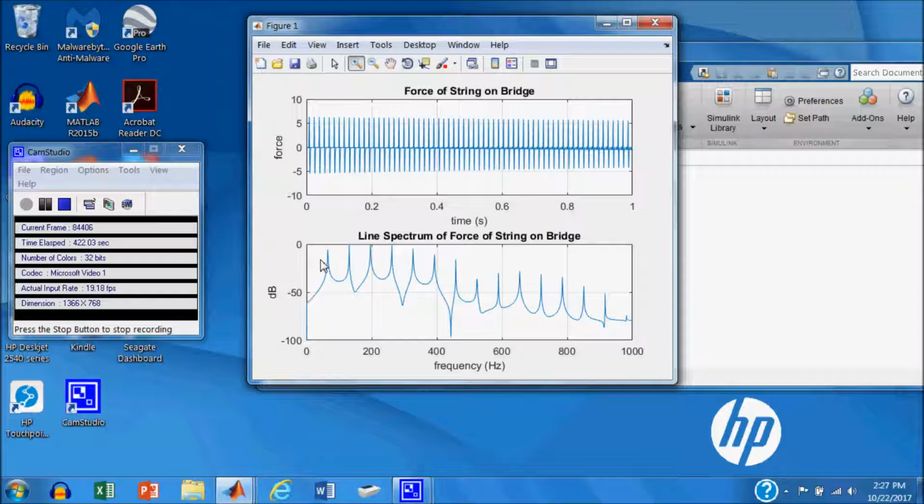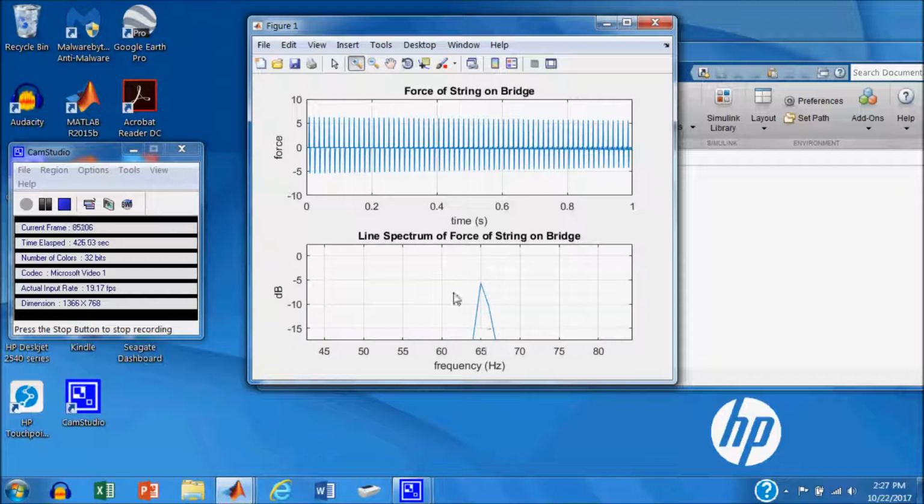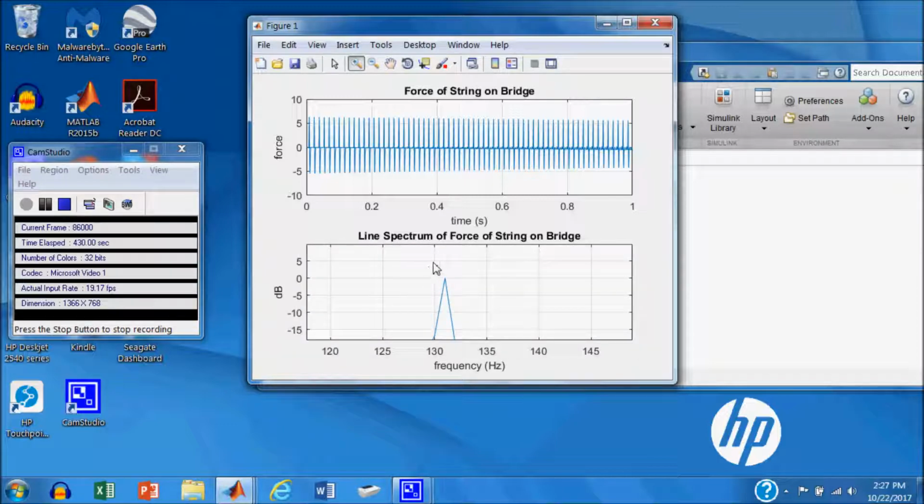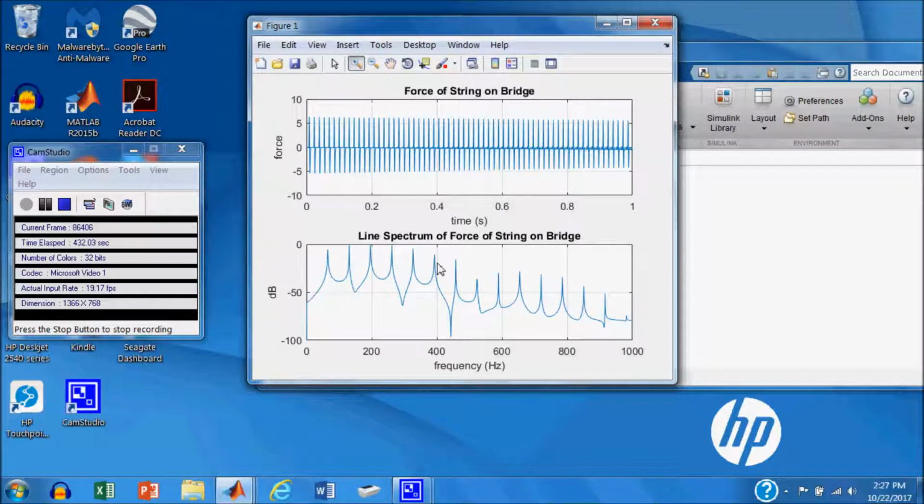And you see it's got a first peak here at 65 hertz, second peak at 131, which is the second harmonic, and then you see how it tails off at the high frequencies. So this is the line spectrum of the force of the string on the bridge.